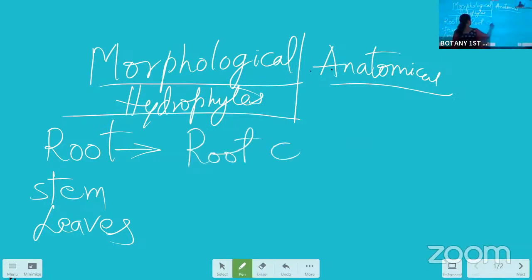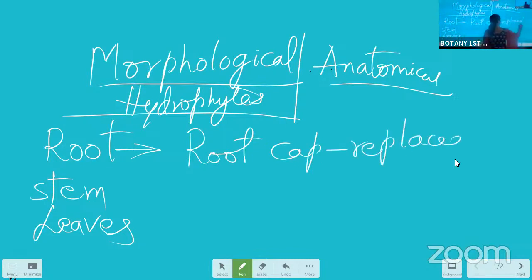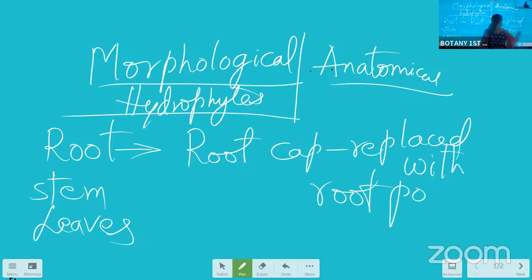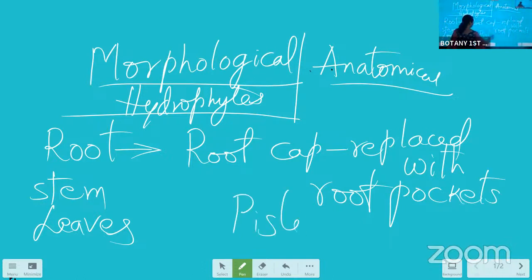Root caps are replaced with root pockets. Example, Pistia. Remember, this plant name is very important in the complete botany. Wherever you go, like a shadow it follows you.